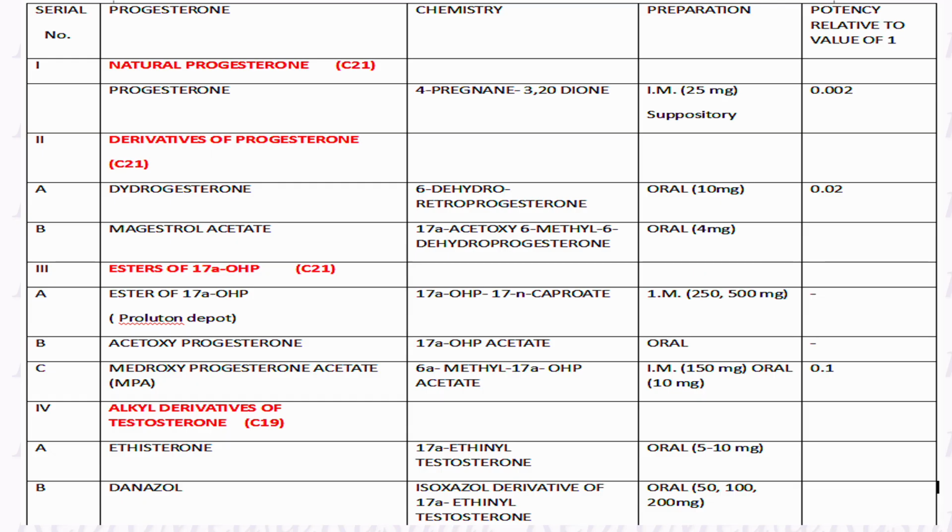Esters of 17-hydroxyprogesterone, that is Prolutin Depot, are available only as an intramuscular form in the dose of 250 or 500 milligram. Then there is medroxyprogesterone acetate, which is available both as a depot preparation of 150 milligram as well as an oral preparation. Alkyl derivatives of testosterone are ethisterone as well as danazol, both of which are available in oral form.